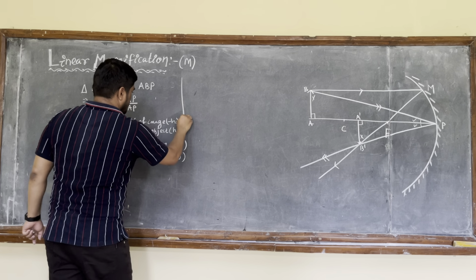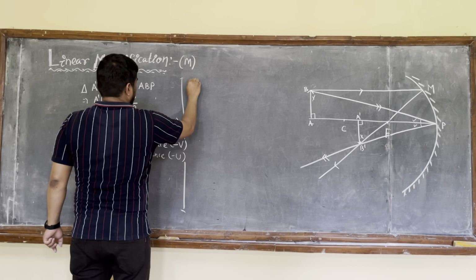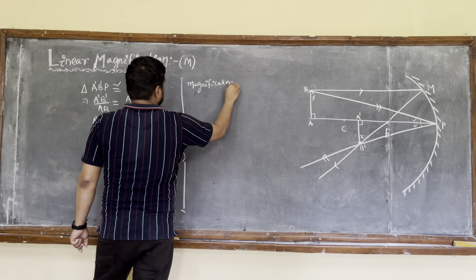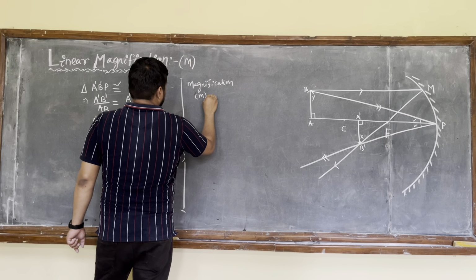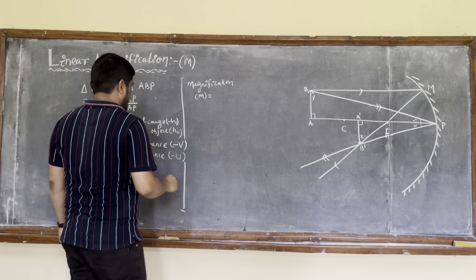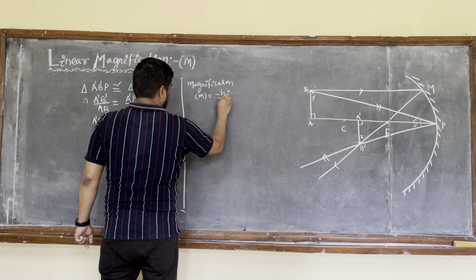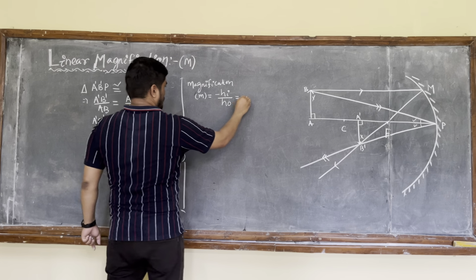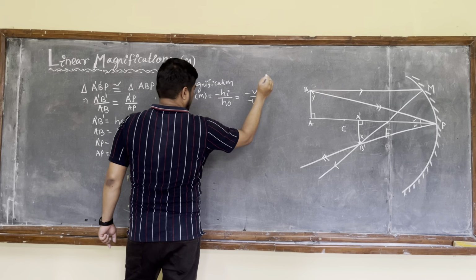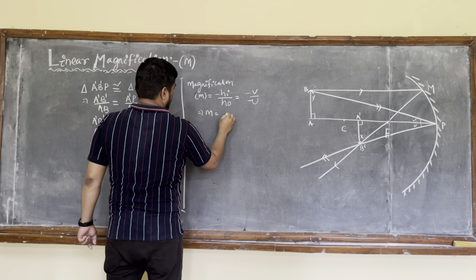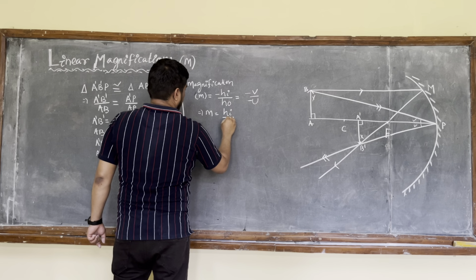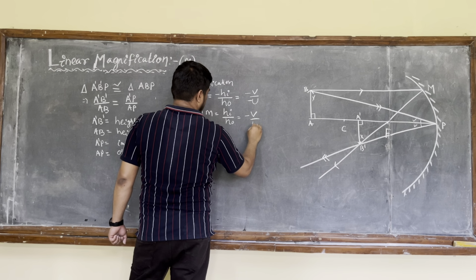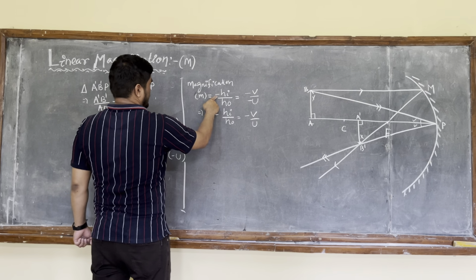So you can write the magnification M will be equal to the height of image, that is minus HI divided by HO, and that will be equal to minus V divided by minus U. That implies M will be equal to HI divided by HO, that will be equal to minus V divided by U. That means you have to multiply a negative sign here.